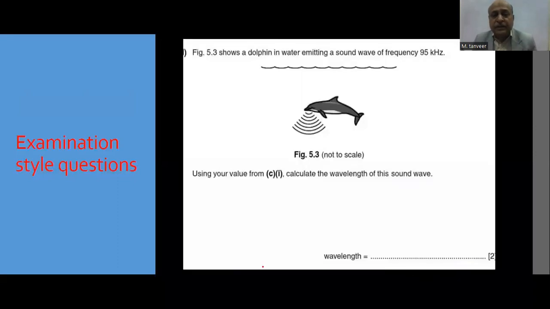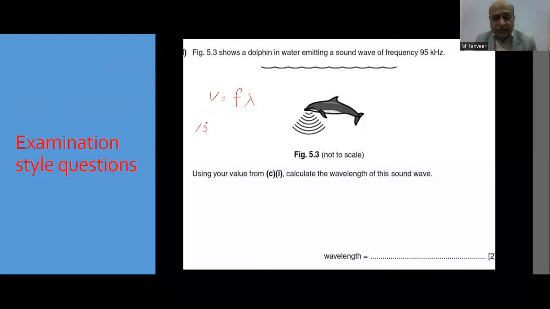Next is, the figure shows a dolphin in water emitting a sound wave of frequency 95 kilohertz. Frequency is given. Calculate the wavelength of sound. Same formula, relationship between velocity and frequency. We know that V equal to F lambda. Lambda is called wavelength. You have to find the wavelength.